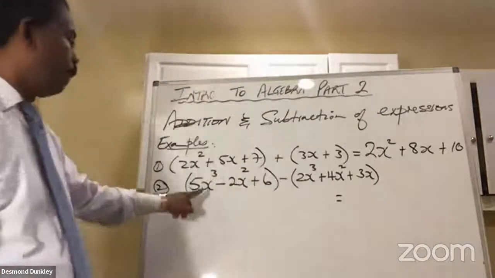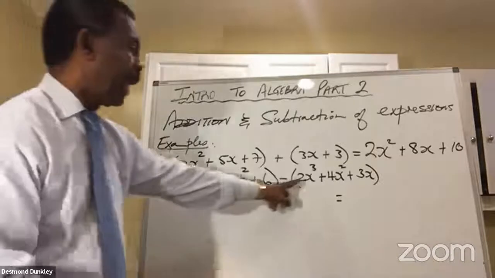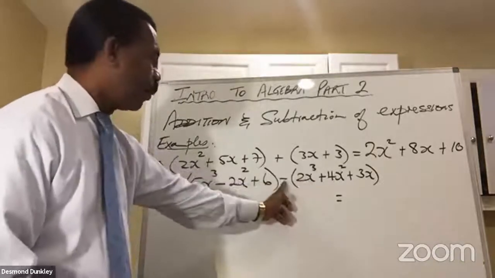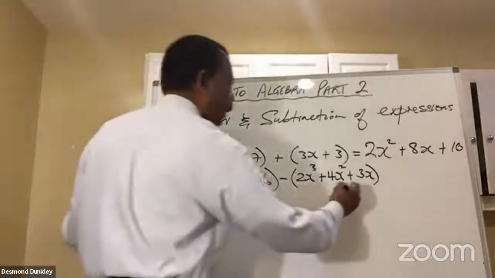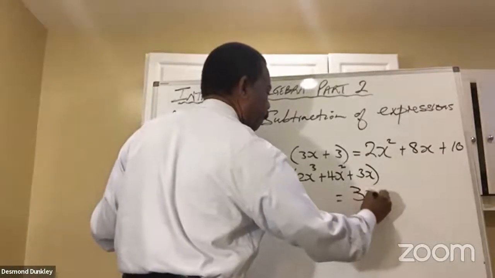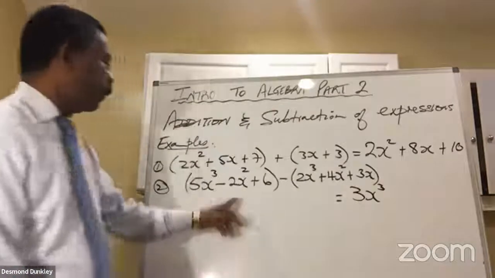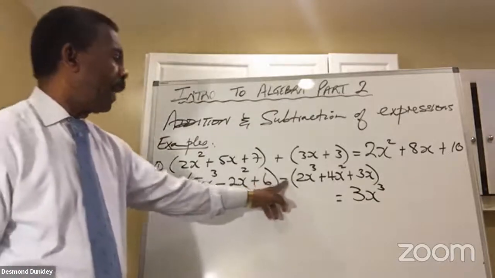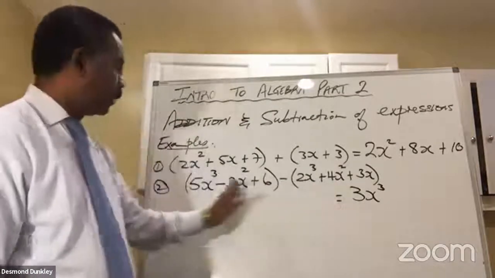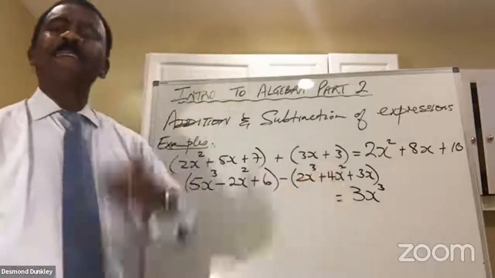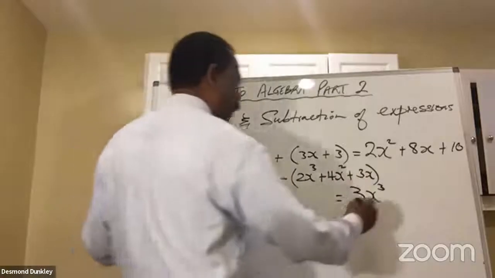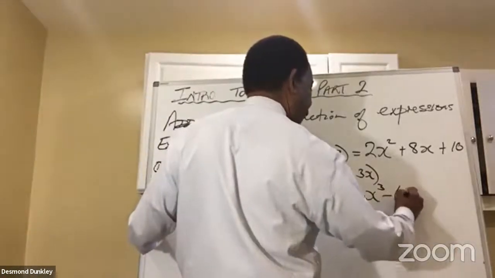We say, okay, 5x cubed is a like term to 2x cubed, so we can do the subtraction. 5x cubed take away 2x cubed is 3x cubed. Minus 2x squared minus 4x squared. These two can be combined because they are the same degree. They can be combined. So we end up with minus 6x squared.